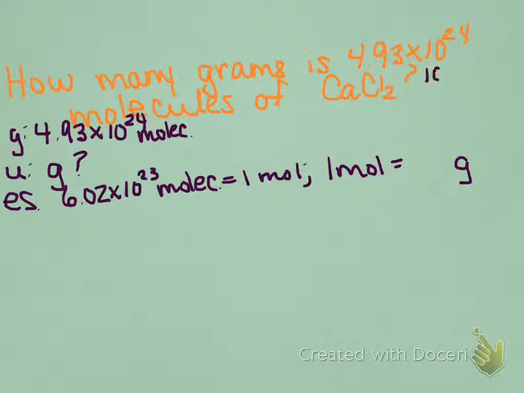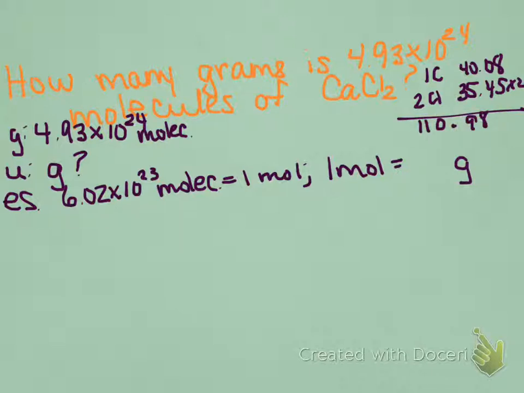I've got 1 calcium, which is 40.08, and I've got 2 chlorines, which are 35.45 each. So if I do the math on that, what do I come up with? I get 40.08 plus 35.45 times 2 gives me a molar mass of 110.98. So that's my mass of 1 mole.